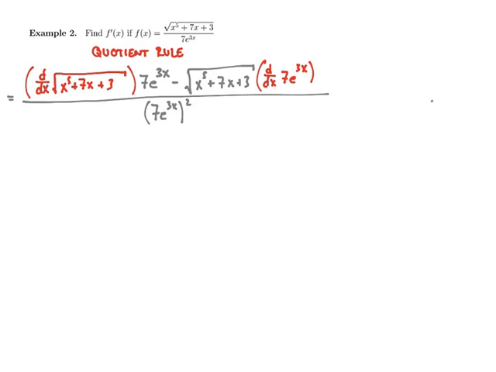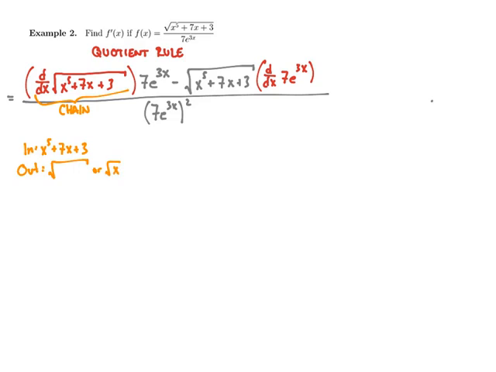The square root one is a big chain rule problem. This is going to be the inside function is x to the fifth plus 7x plus 3. And the outside function is the square root of something, or square root of x.